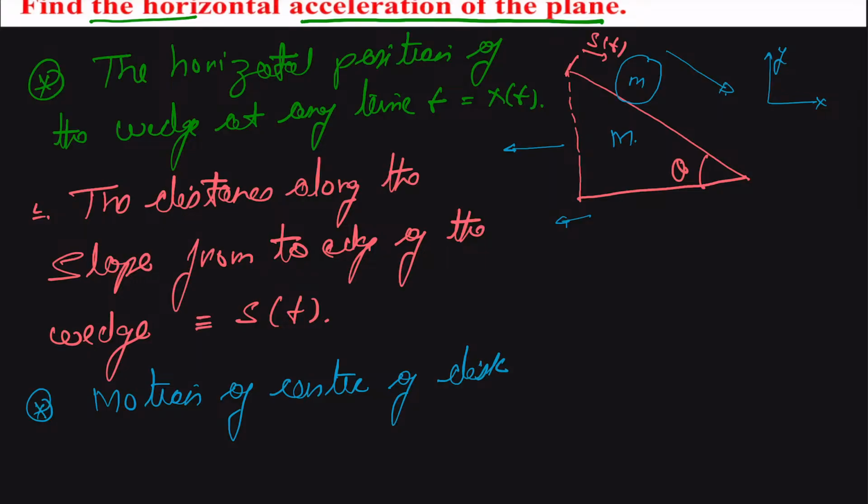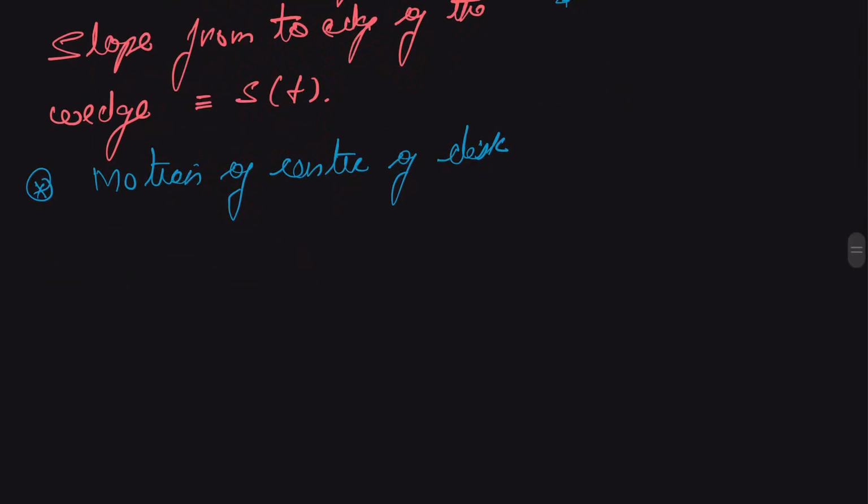One will be because of the horizontal motion of the wedge and the other one will be its own motion, or we can say the disk's motion relative to the wedge along the inclined plane. So we can describe it in two ways.